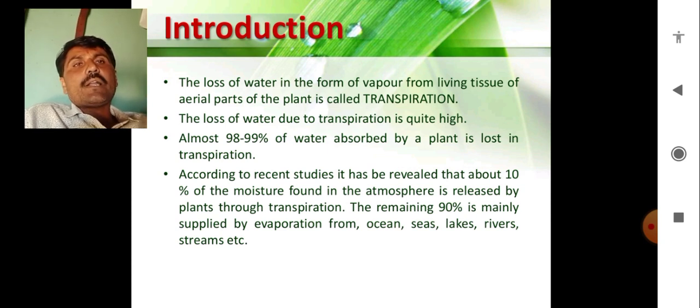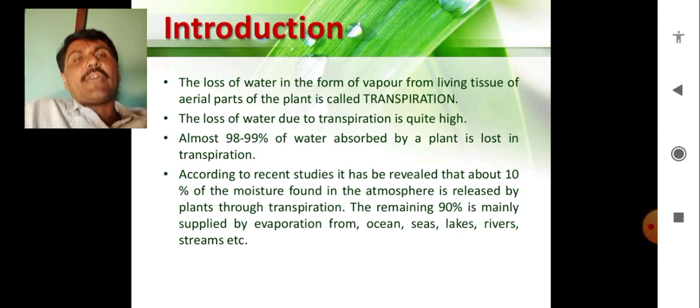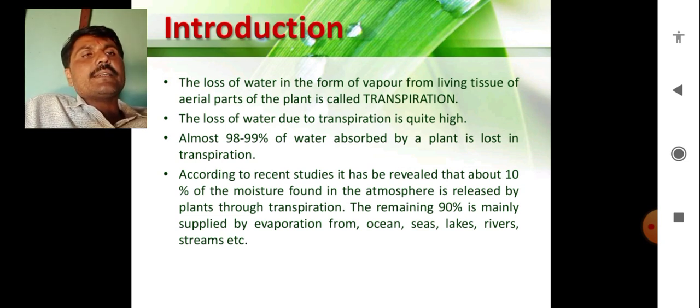This water loss, in the form of vapor, is released into the atmosphere via the aerial parts of the plant. I repeat, the loss of water in the form of vapor from the living tissue of the aerial parts of the plant is known as transpiration.